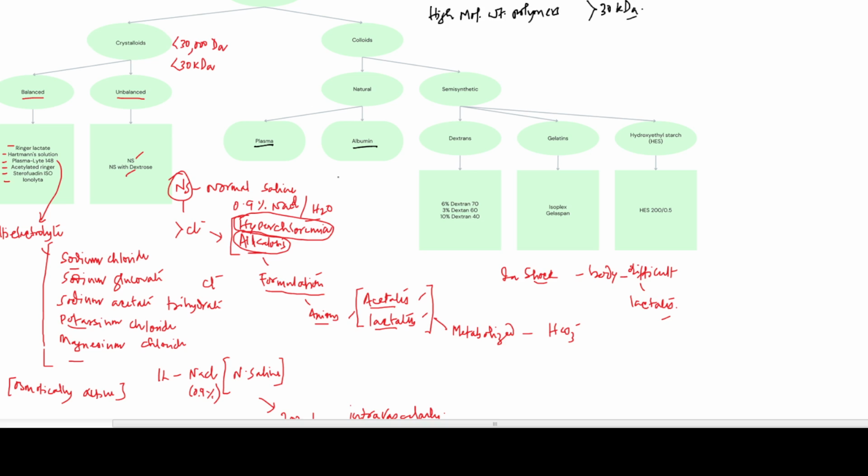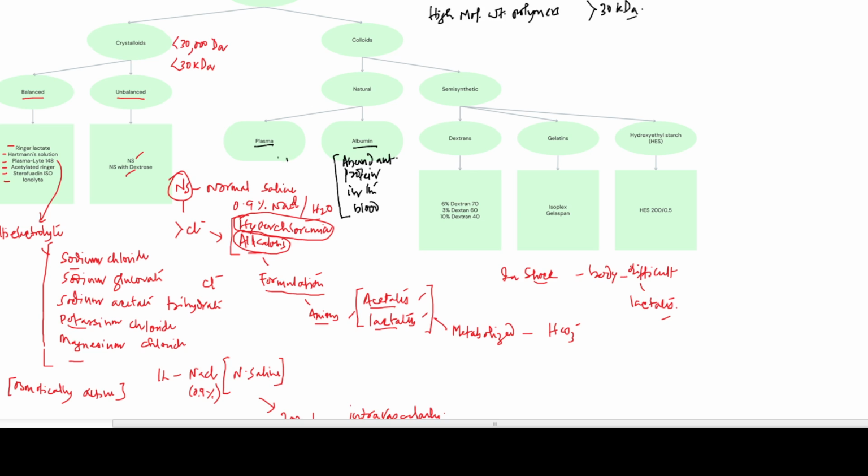Albumin is the most abundantly available protein in the blood. Plasma, we know, is the fluid part of the blood.